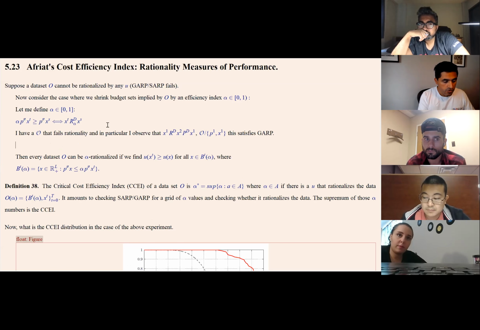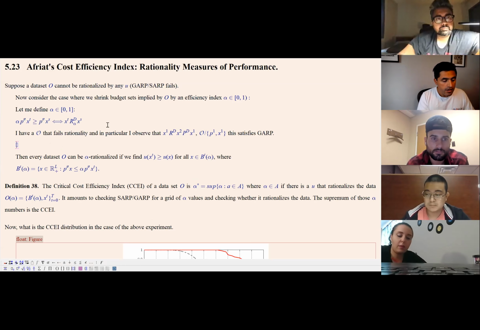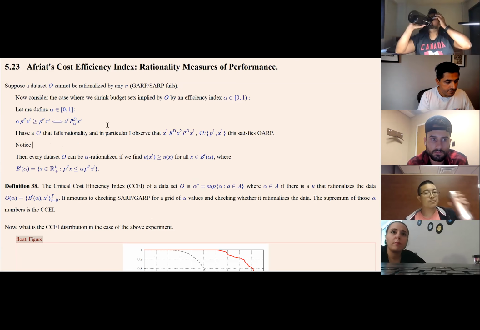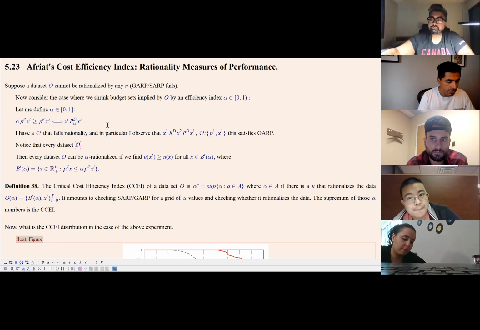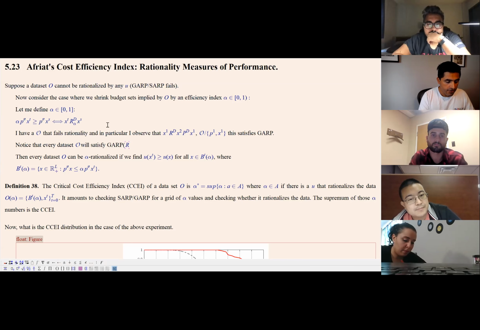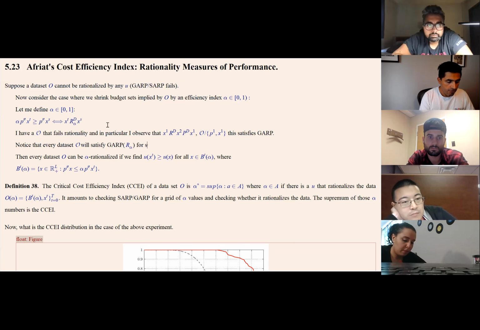Another way is to define alpha in order to eliminate this violation, okay? In particular, notice that every data set will satisfy GARP for an alpha relation, for some alpha. Why?